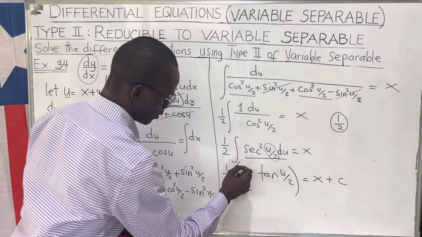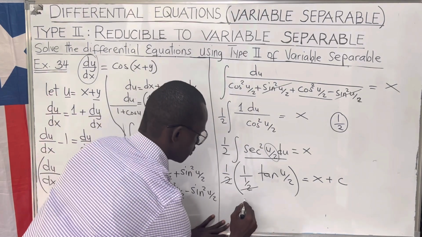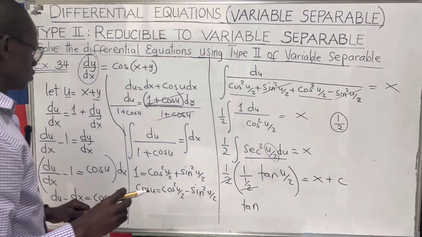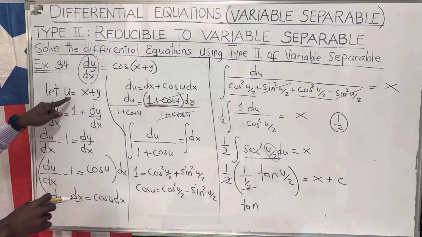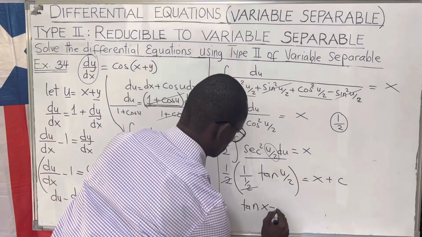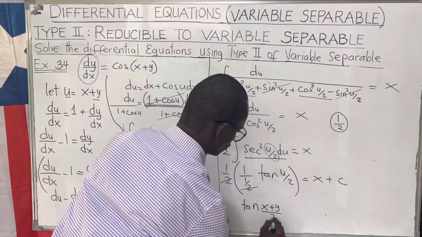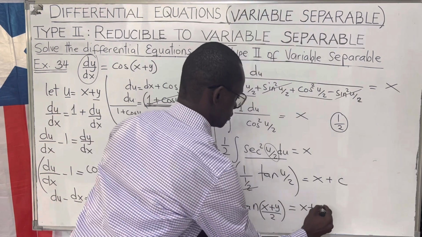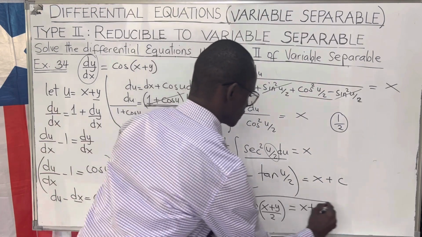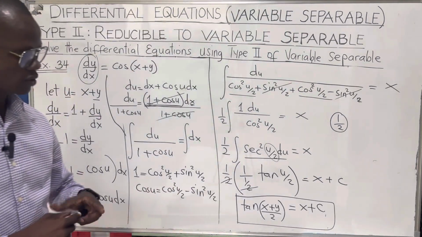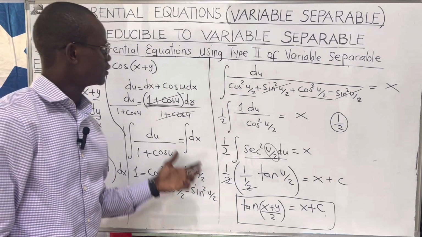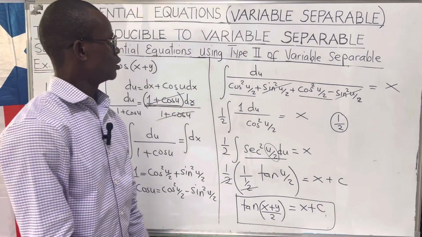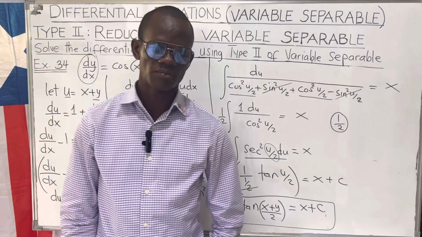If this 2 comes up, it will cancel this. So we will have tangent of u. What was u? From the beginning, u was x plus y, all over 2, equals x plus c. So this is the general solution of the differential equation using reducible to variable separable.